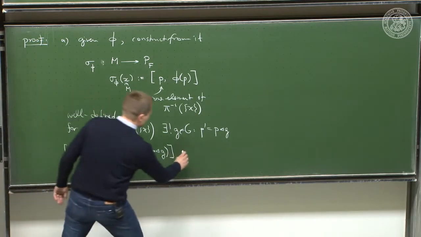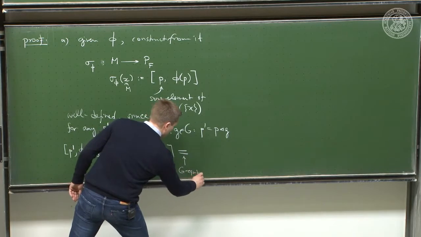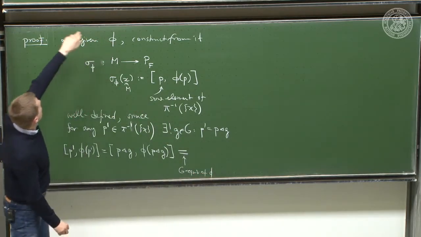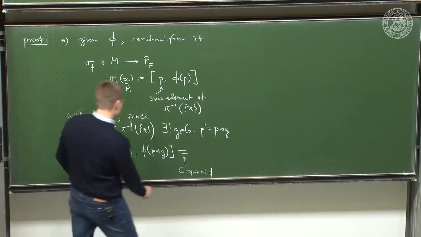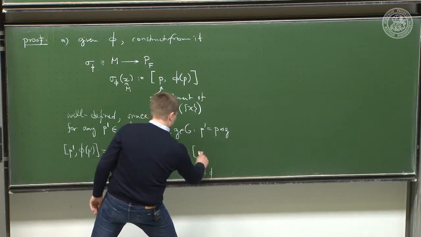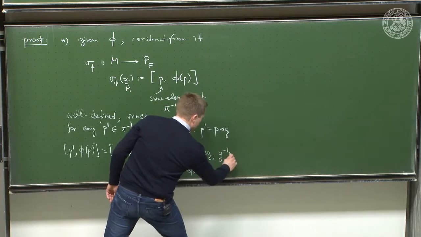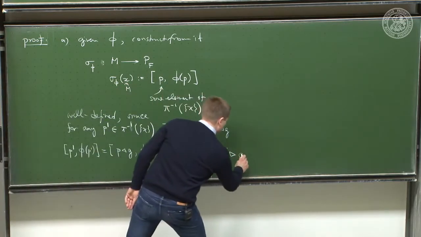And now we use the G-equivariance of phi, because we are given a phi, and the assumption is that phi is G-equivariant. So we can use its G-equivariance. And that's then, of course, [p from the right by g, and then g inverse with the left action, the other action, acting on phi(p)].